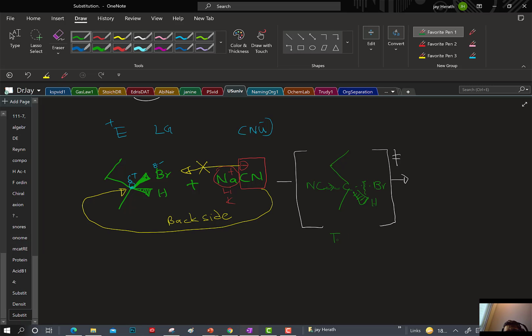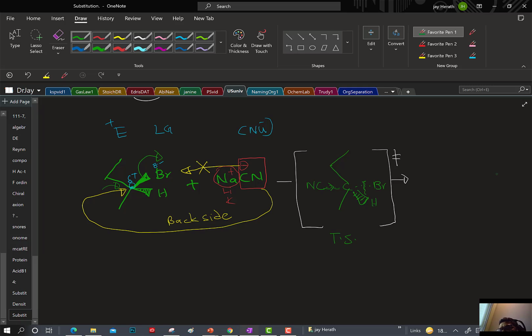Let me put here transition state, and it's a pentavalent, 5 points touching, and it's theoretical. And let's see what happens, the result. So bromine already, now we can mark it here also. So the bromine leaves, simultaneously CN comes in, right?